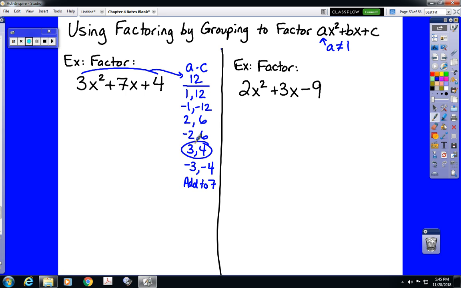Now before, those would have been our numbers that went straight into our factors, and we would have pretty much been done at this point. But it's not that simple when a is not equal to 1. Instead, we're going to take this middle term and break it into two separate terms, which would change us from a trinomial with 3 terms into a polynomial with 4 terms.